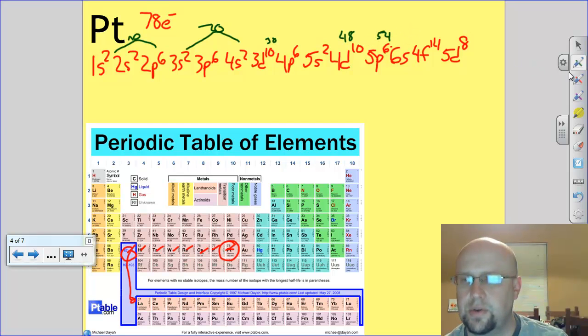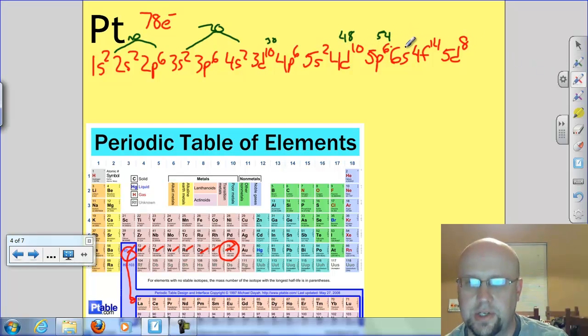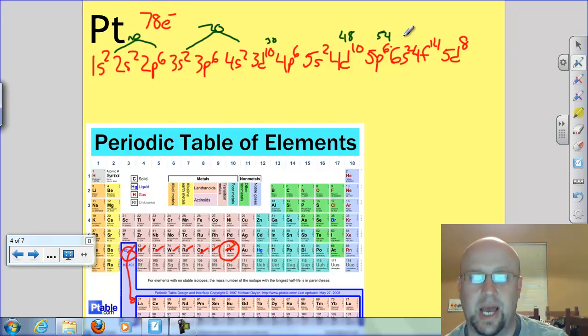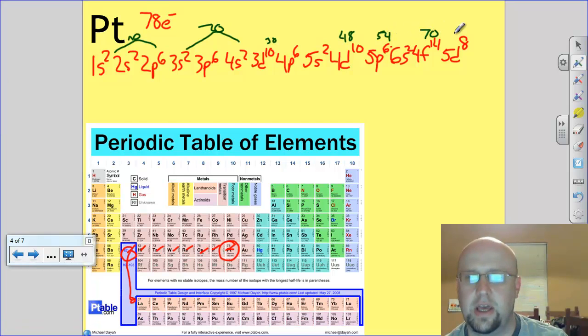Oh, whoops, I didn't put the 2. See, and this is a good exercise because I put my 6s in there, but I didn't put the 2. My electrons weren't going to add up then. Okay, so 54 plus 2 is 56, plus 14 is 70, and then when I get to the end here, 78. That was a great example. I forgot to write the 2 there, and so my electrons didn't add up.